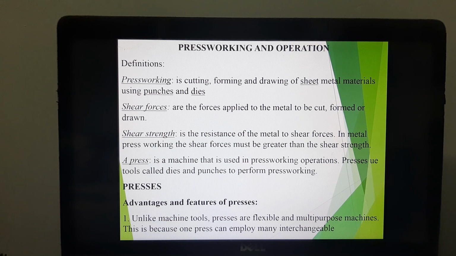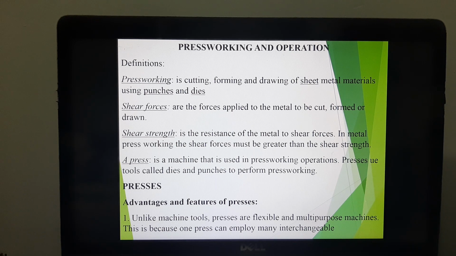After the yield point, you have two regions. The region BC, where you have shaping without fracture. C is the ultimate strength, or the maximum strength, of the material. And I told you that to cut or fracture the material, the force that you apply has to exceed the ultimate strength of that material.